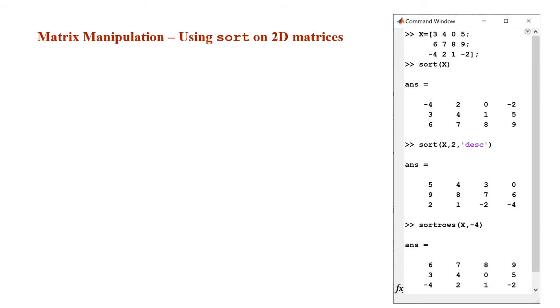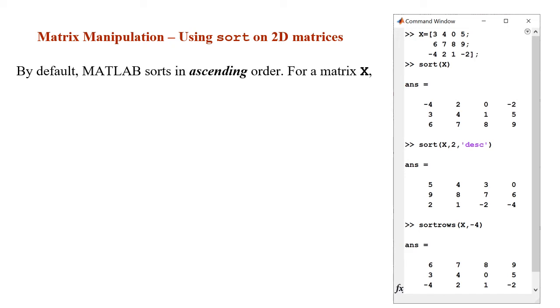Now we're going to learn how to apply the sort function on 2D matrices, or what it will actually output. First of all, by default, as we mentioned, MATLAB sorts in ascending order. So for example, for matrix x, calling sort x will sort each column in x, and the result would be this matrix here.